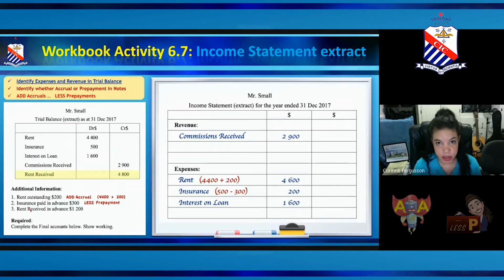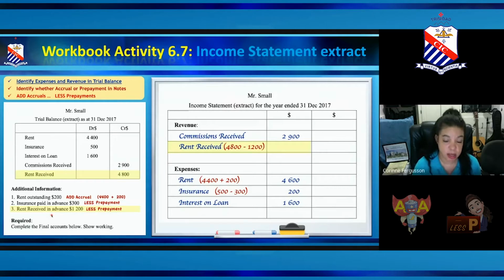Last, we have rent received. Rent received is 4,800. So you check down in your notes. Do you see anything? Yes, we have something related to rent received in advance. It's in advance. When you see in advance, it's a prepayment and you less prepayment, so you would less it. So you're going into your income statement. It's revenue, so you go under revenue. You write the name of the revenue, which is rent received.